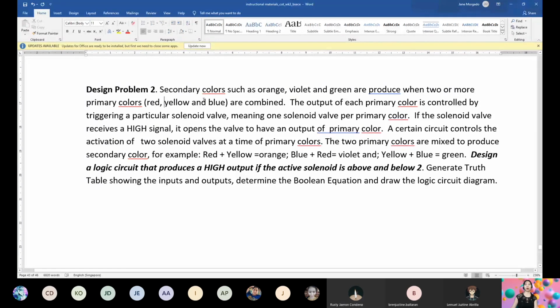So, meaning, pag 1, isa lang ang gumagana such that it will have an output of primary colors lang. Either red, yellow, or blue. Pag 0 naman, ibig sabihin, walang nag-on na solenoid valves. Okay, magkakaroon ka pa rin ng alarm. So it should be able to produce a high output to trigger an alarm.